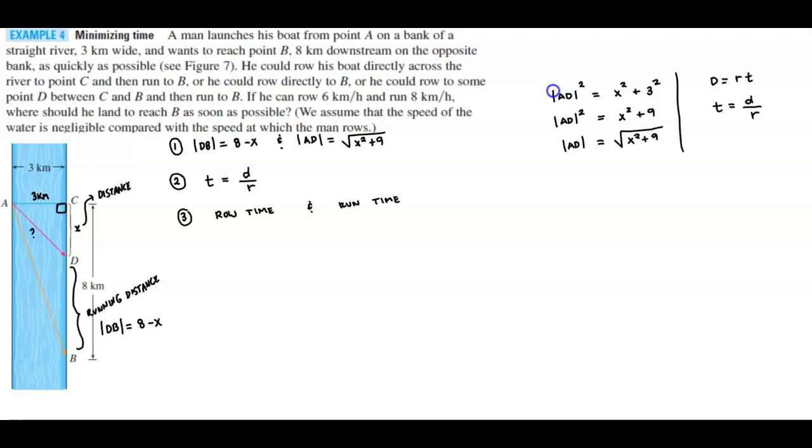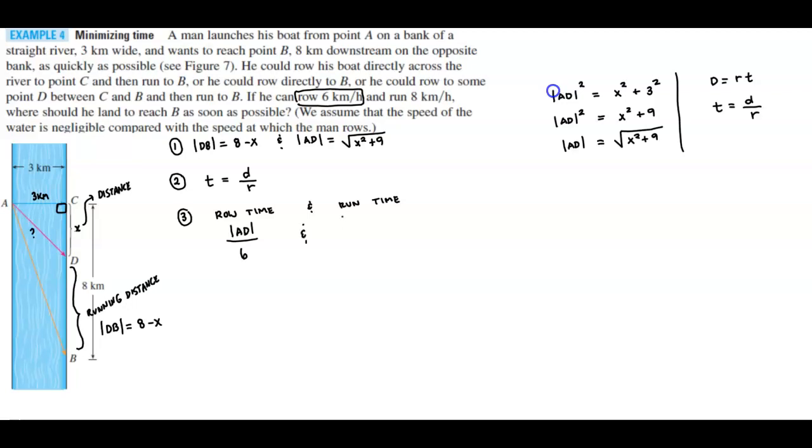Okay, well, recall that the row time represents the distance of AD divided by the rate from A to D. Well, what is the rate from A to D? The rate for the row time is 6 kilometers per hour.